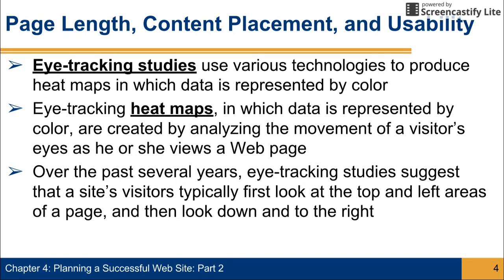So there are these eye tracking studies that use various technologies to produce heat maps in which data is represented by color. Now, these heat maps are created by analyzing the movement of a visitor's eyes as they view a web page. Over the past several years, eye tracking studies suggest that a site's visitors typically first look at the top and left areas of a page and then look down at the right.